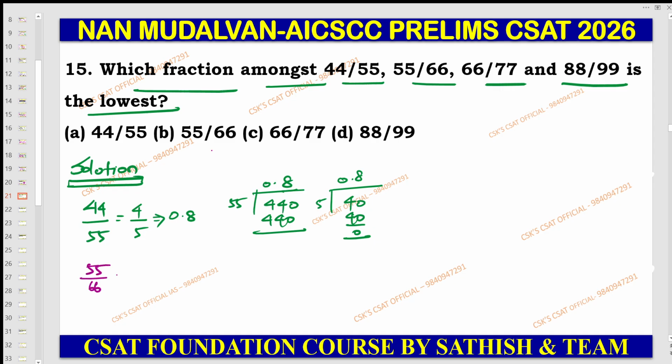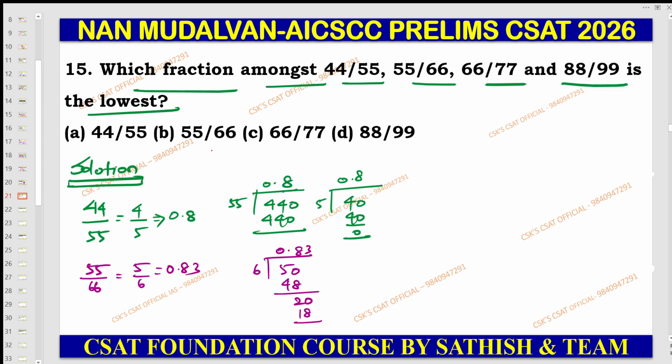55 by 66, that is 5 by 6. So 6 goes into 50, 8 times, 48, remainder 2, then place 0, and 3 times, 18. So therefore 0.83.